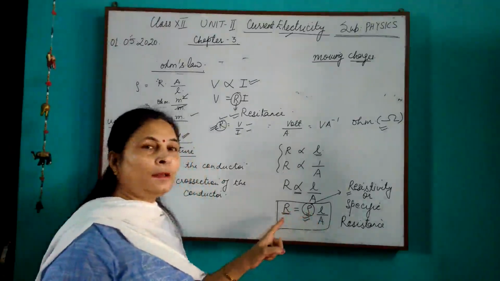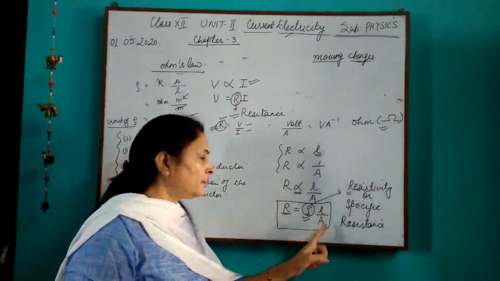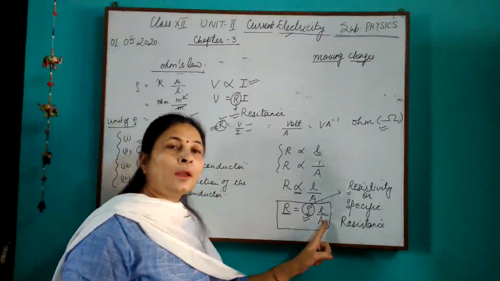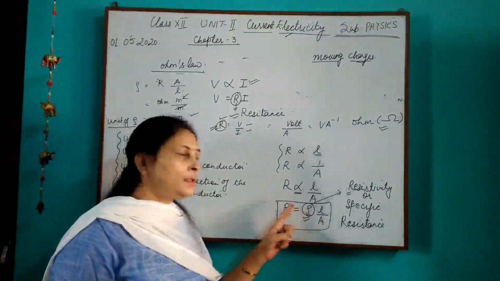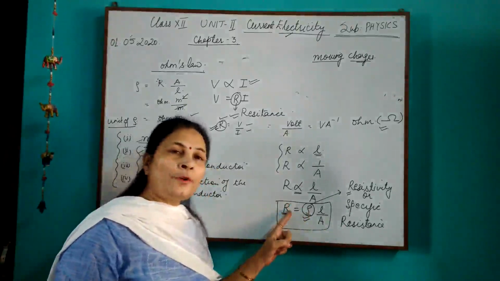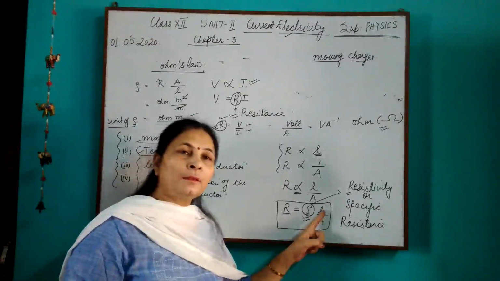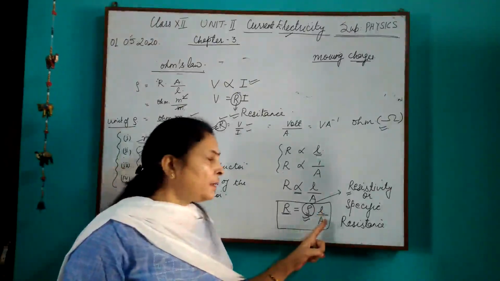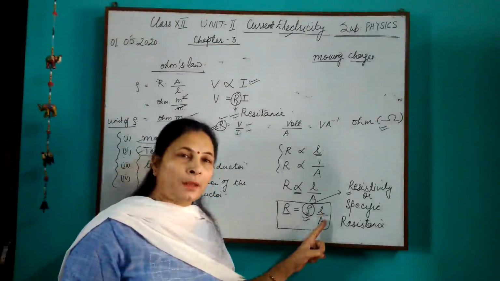Resistivity is the resistance. Keep L as 1 and A as 1 meter square. So resistivity is the resistance offered by a conductor of length 1 meter and area of cross section 1 meter square.